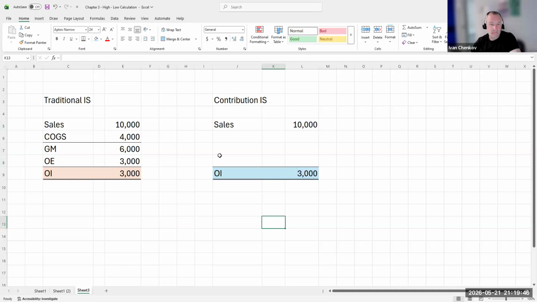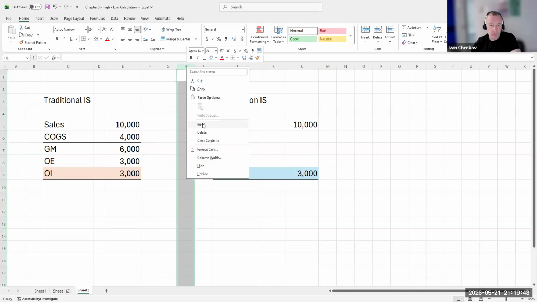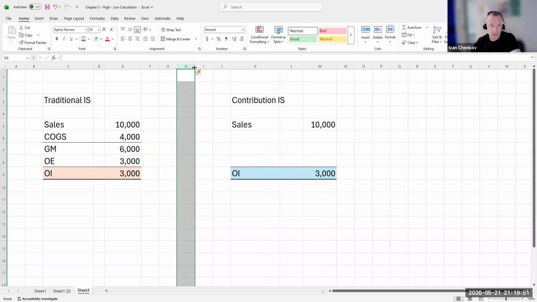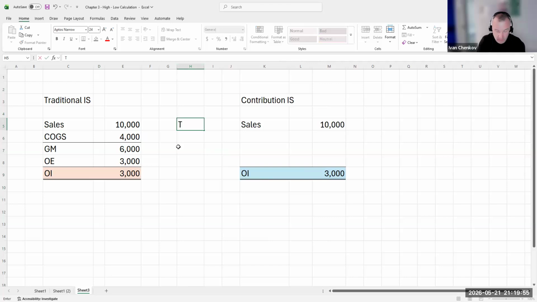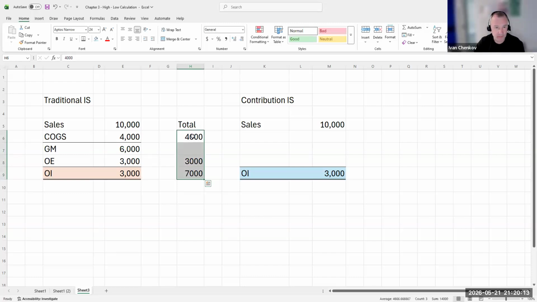Well, I'm going to pull the costs. I know my total cost. I have cost of goods sold, which is 4,000, and operating expenses, which are 3,000, and the total is 7,000. Correct?